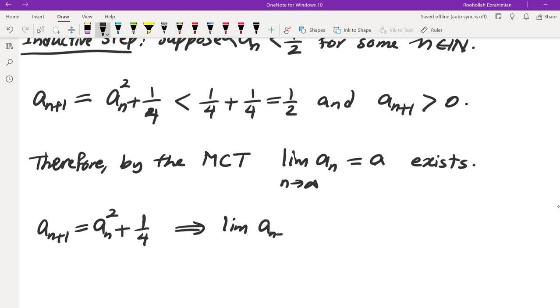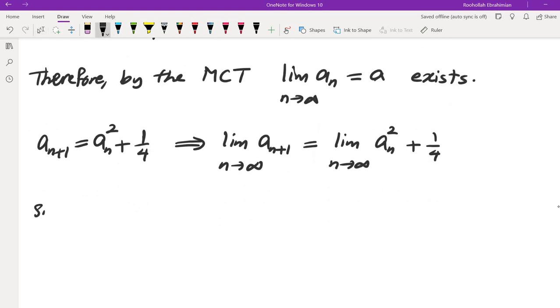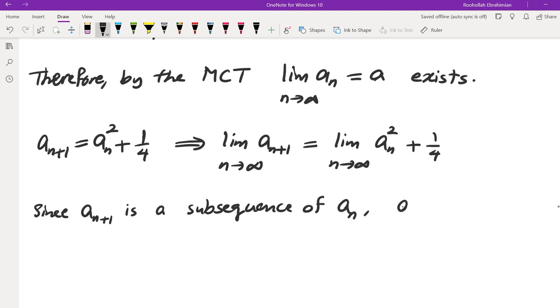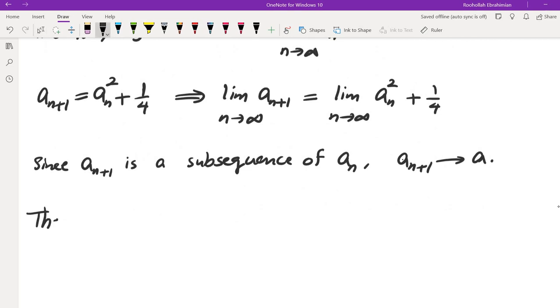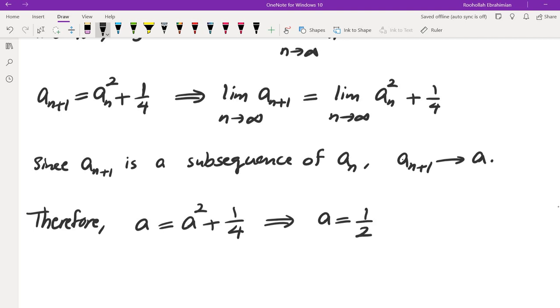The limit of a_{n+1} is going to be the limit of a_n squared plus 1/4 as n approaches infinity. Since a_{n+1} is a subsequence of a_n, it also approaches the same number. Therefore, a equals a squared plus 1/4. And if you solve that, you end up getting a equals 1/2.